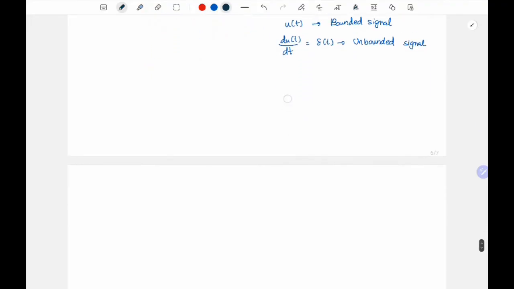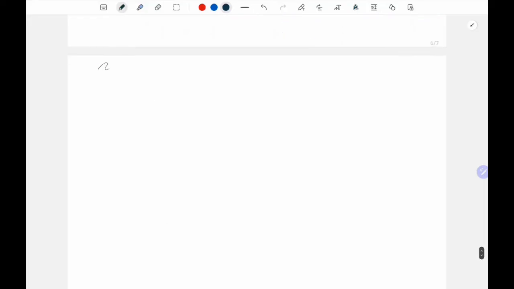So the next property we will be seeing is time invariance. Generally speaking, what time invariance means is that if you do some experiment today, and you do the experiment tomorrow, it should give you the same results. Let's say you're performing some experiment with a mass, you can take a pendulum, right?